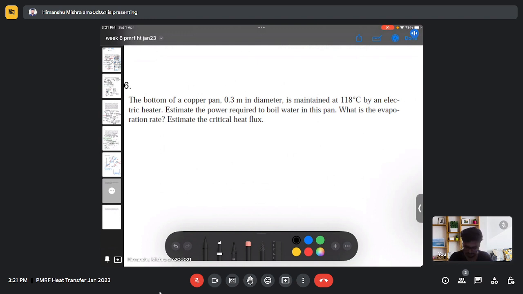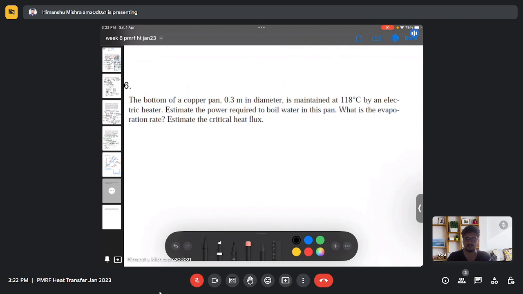So we need to find the total heat transfer as well as the critical heat flux, which is basically the maximum heat flux, because after that either film boiling will start to occur, or there will be a shutdown in the system, because depending upon the properties of the material used in the electric heater, either it will go off or it will continue into the film boiling region.